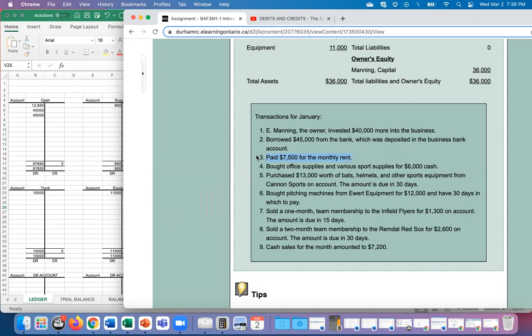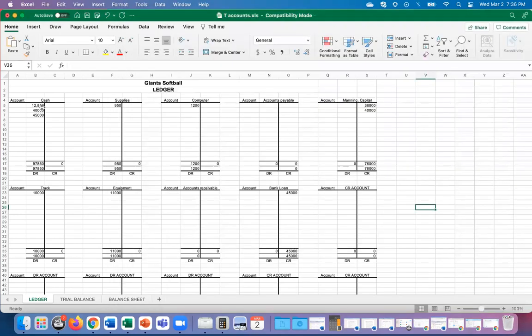Okay, so this is the first transaction where money is coming out of the business. So there's money leaving the business in order to pay our landlord the rent. So first account that's going to be affected by this is going to be our cash account. This money's coming out of our bank account or out of our cash account. And so we're going to go over to our cash account.